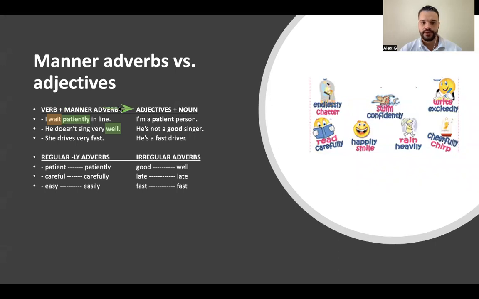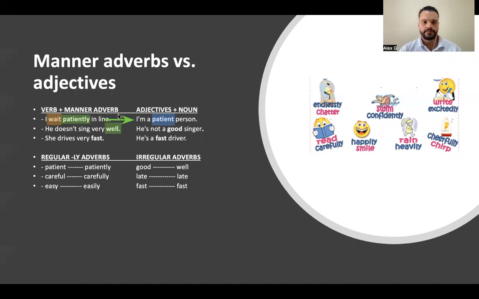The other structure that we have here is adjectives plus noun. And we have a few examples to demonstrate. The first one is, I'm a patient person. In this case, we have the adjective, which is going to be patient, and we have person, which is going to be the noun, okay?